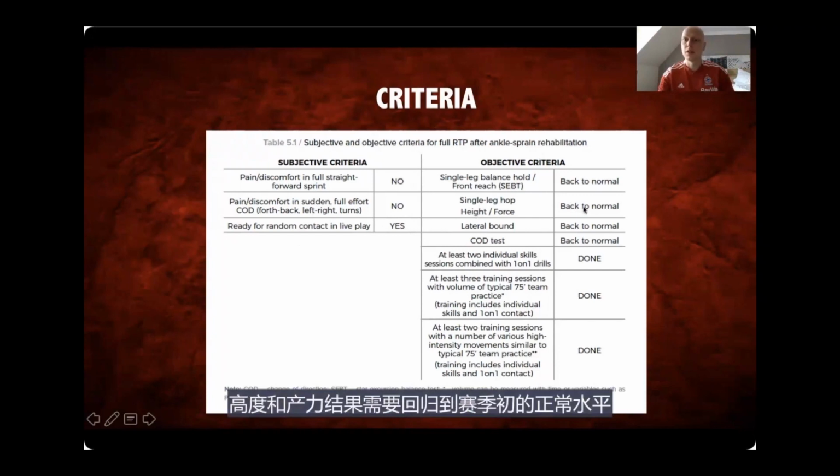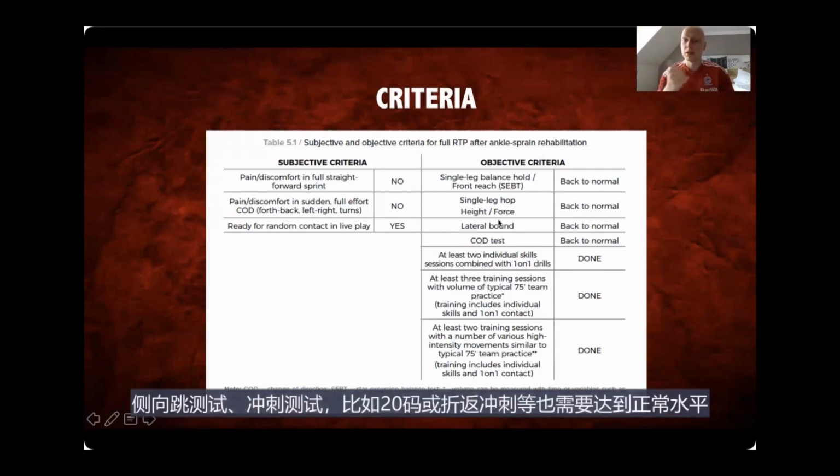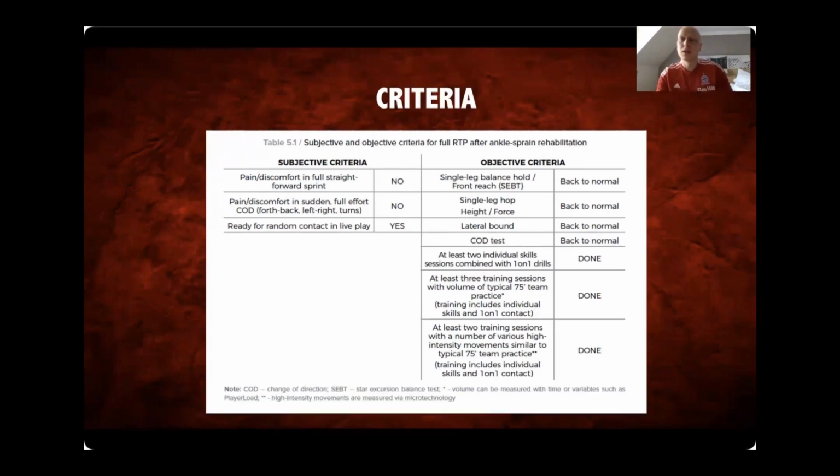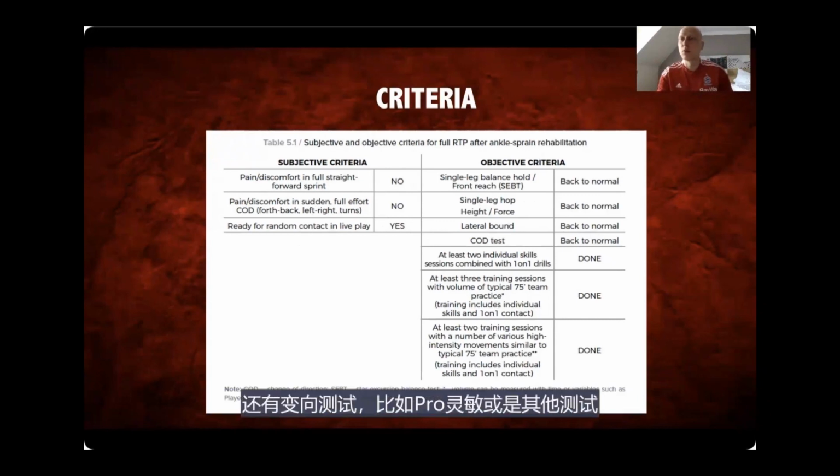So it has to be back to normal from the beginning of the season. Lateral bound test also has to be back to normal, as well as the change of direction test. It can be shuffling test or any kind of 20 yards change of direction test or pro agility test, how they call it. So you choose the test.